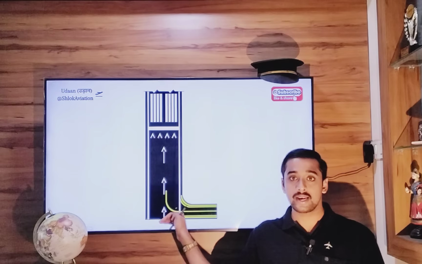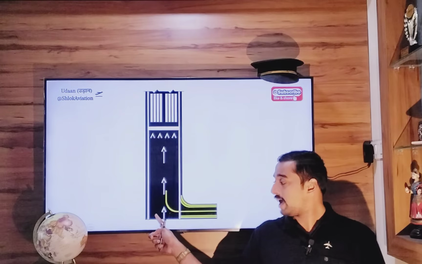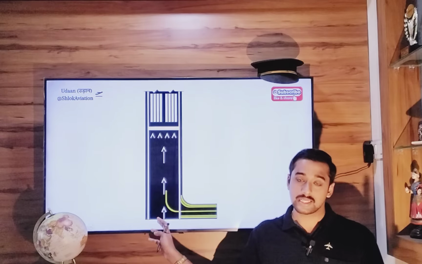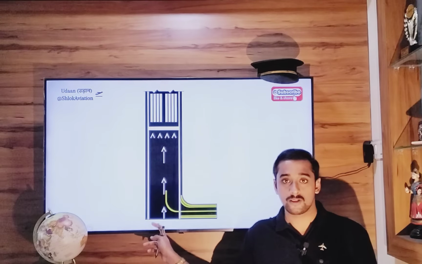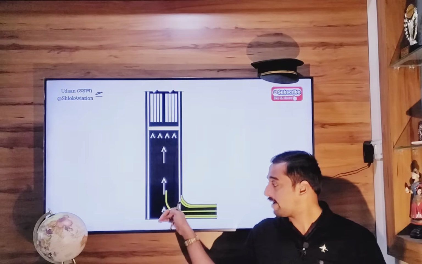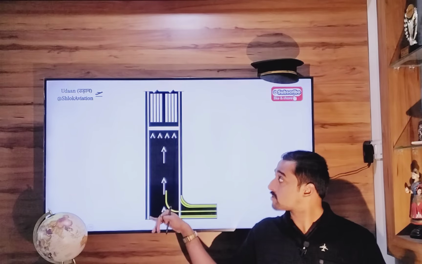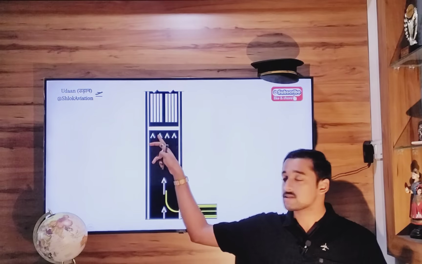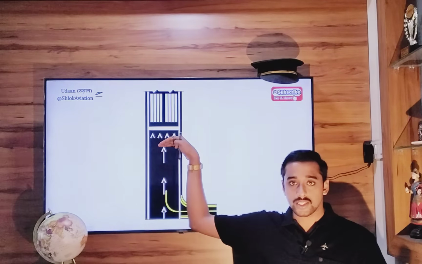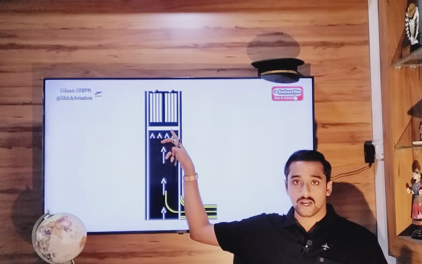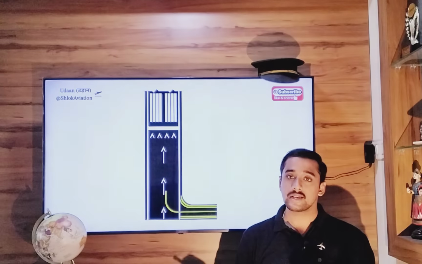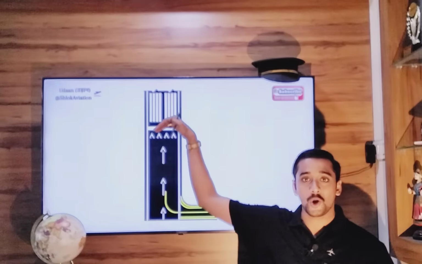The runway should ideally start from here, but they have not designated this beginning portion of the runway as the threshold. Instead, they have put the threshold some distance ahead of this, and this becomes a displaced threshold. So all our landings will happen beyond this threshold, not before it.